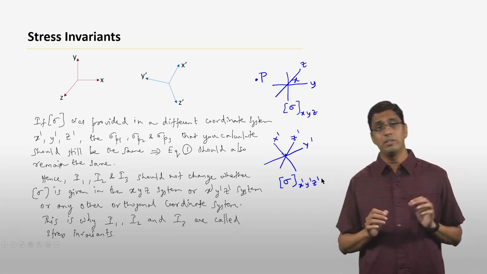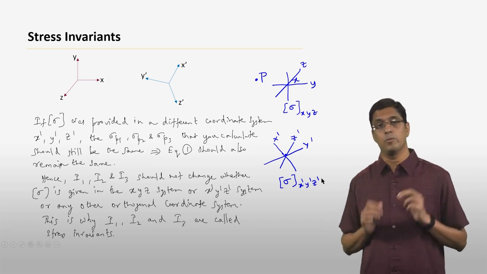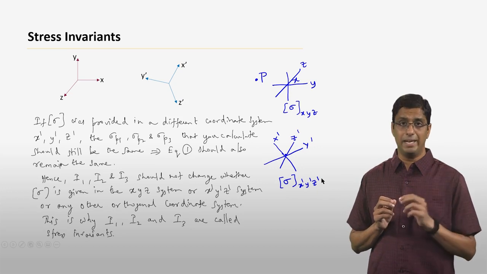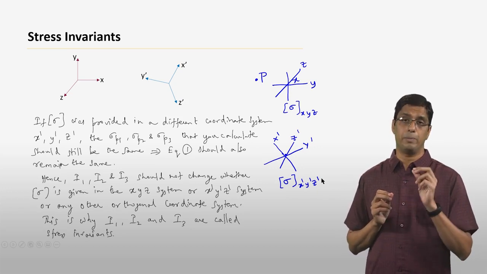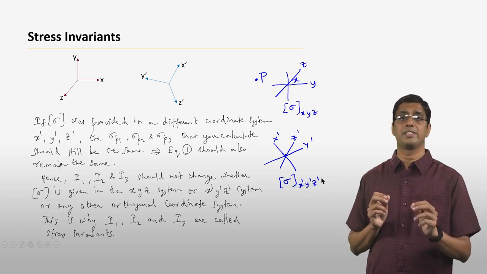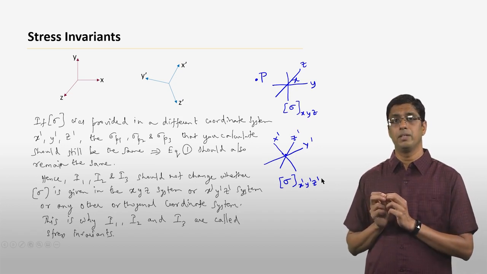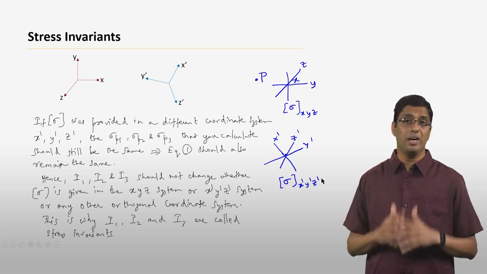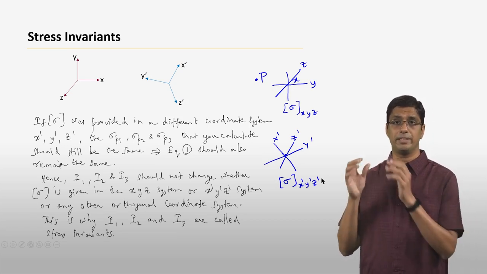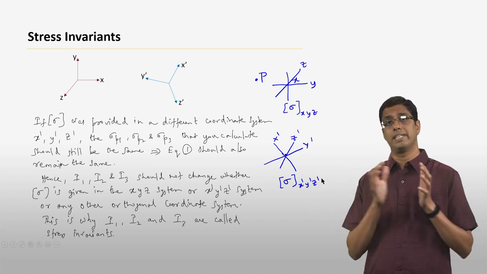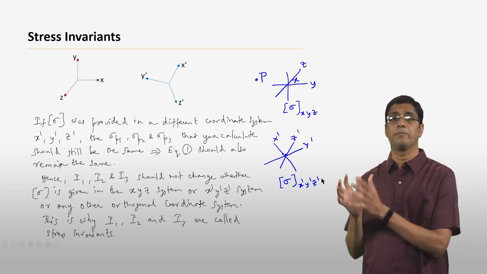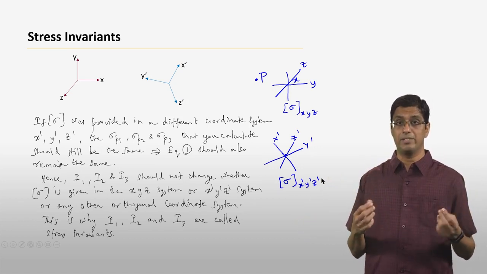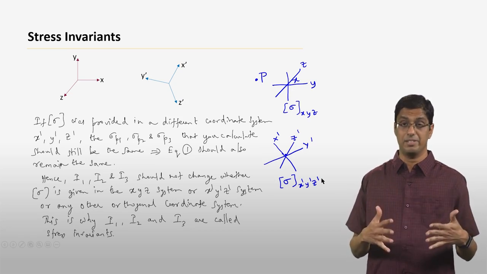But now, if you think about the principal stresses, what do the principal stresses mean? These are the stresses on planes that pass through the point P where the shear stresses are 0. So these principal planes and principal stresses should not change irrespective of whether the information that you initially provided was in the xyz coordinate system or the x prime, y prime, z prime coordinate system, because these are in some sense real physical planes on which the shear stress is 0.